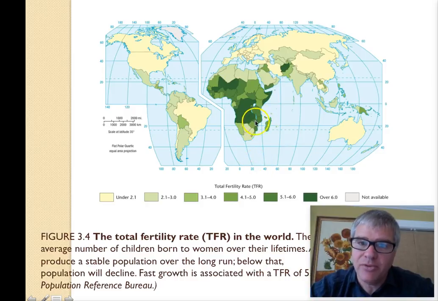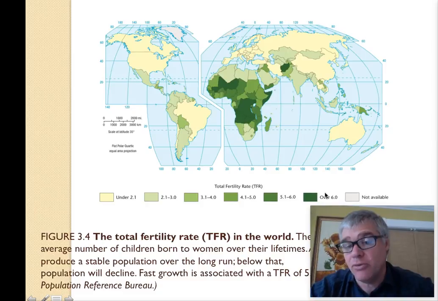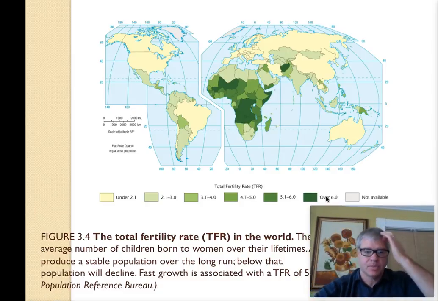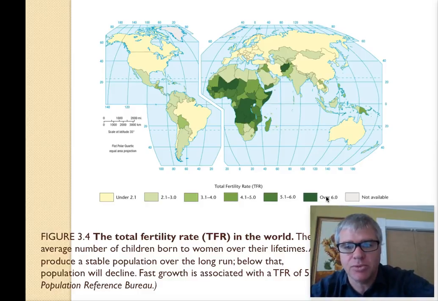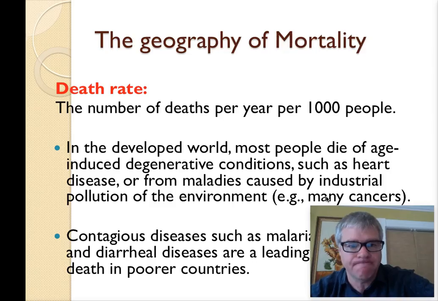A lot of parts of Africa, the total fertility rates are over 6 children being born per woman. So this would be associated with very fast growth. And in the book and in the rest of the PowerPoints, you'll see population pyramids. Those are something that kind of tells you what's going to happen to the future of the populations.